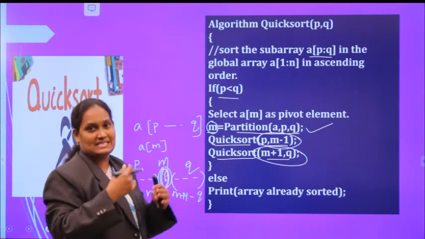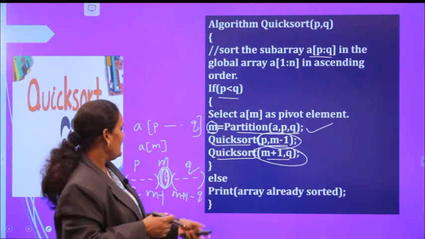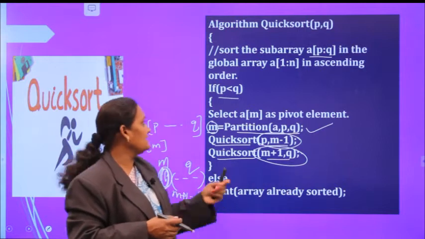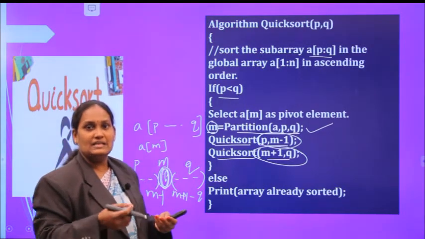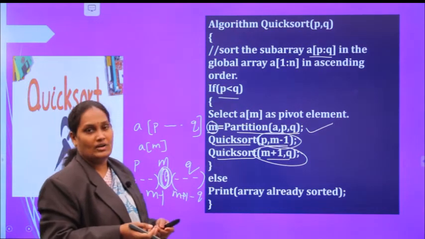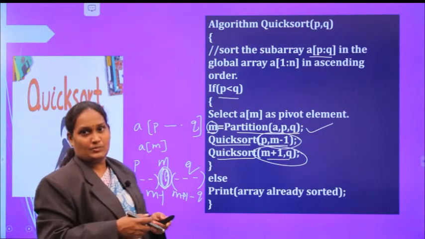By following the same procedure, we can sort those subarrays also. Else, if that condition is not correct, the array is already sorted. That is, if p is equal to q, if the array contains only one element, in that case the array is already sorted.